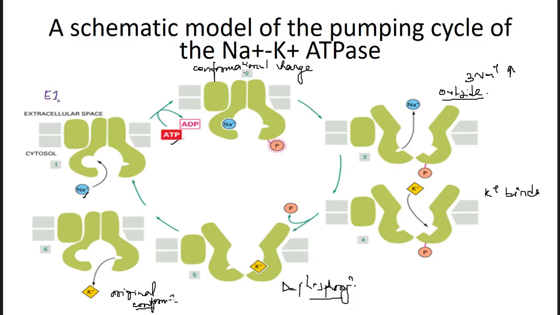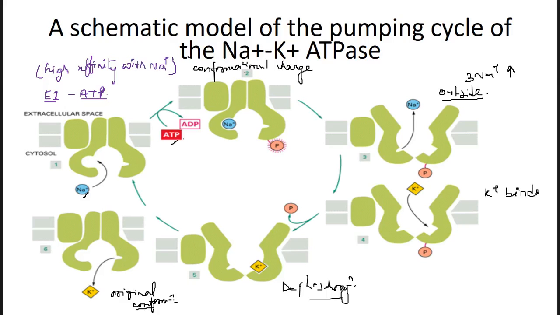In the E1 state, the transporter is bound with ATP. So this is the E1 conformation where the transporter is bound with ATP, and this E1 conformation has high affinity for sodium.